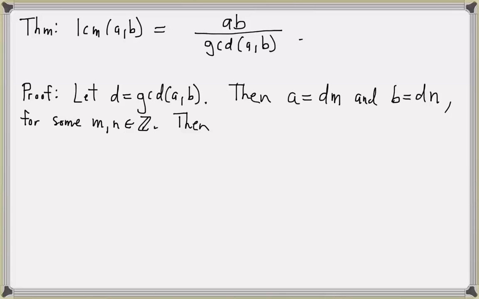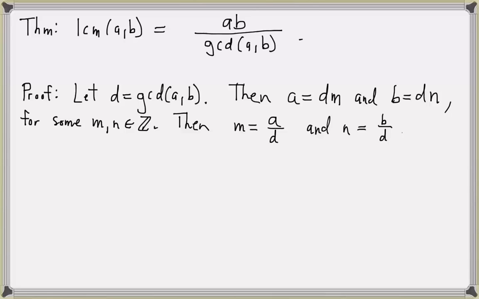Then the integer M equals A over the greatest common divisor, which is D, and N equals B divided by the greatest common divisor. But by lemma 1, M and N must be relatively prime.